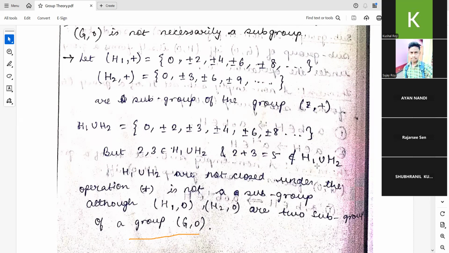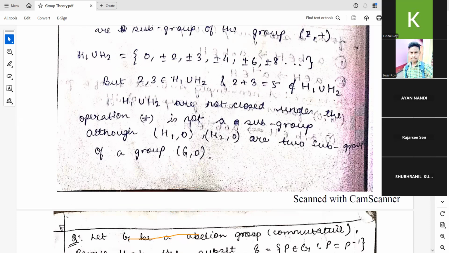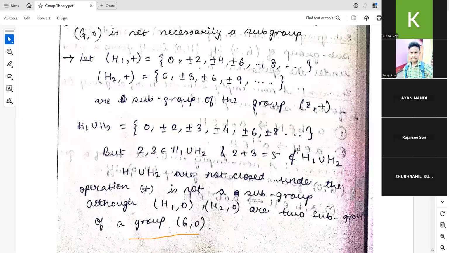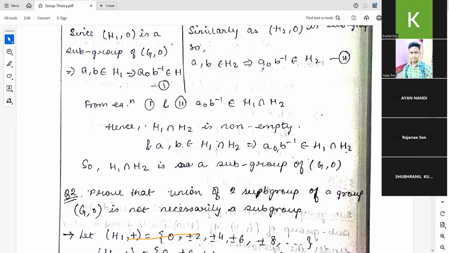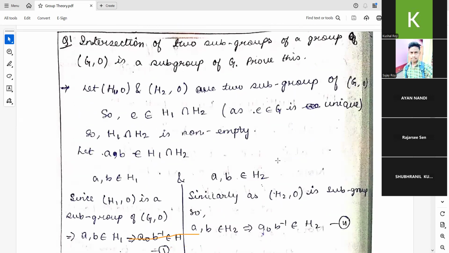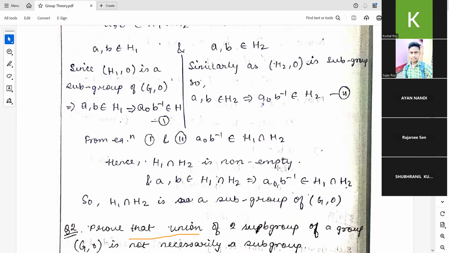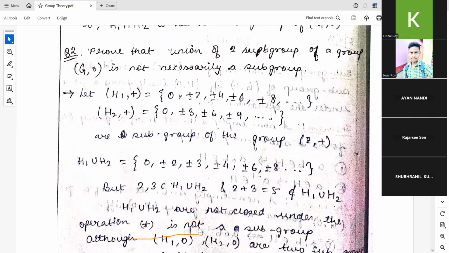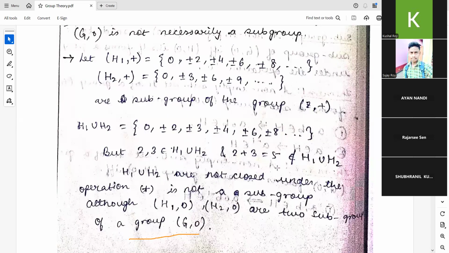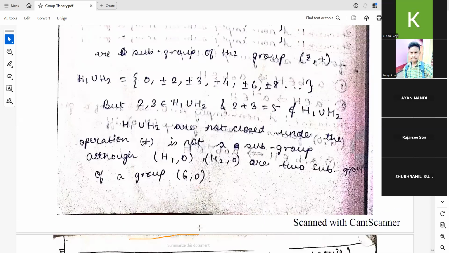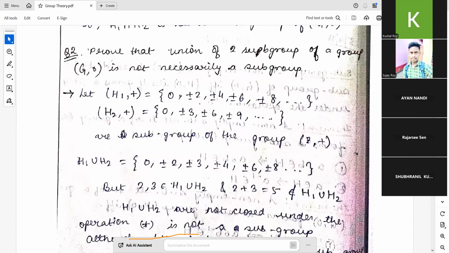Therefore, H1 union H2 can't be a subgroup. So we see that the intersection is always a subgroup for any two subgroups, but the union may not be a subgroup for two subgroups of a group. So it is necessary to mention some properties.